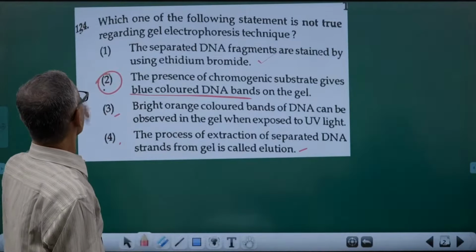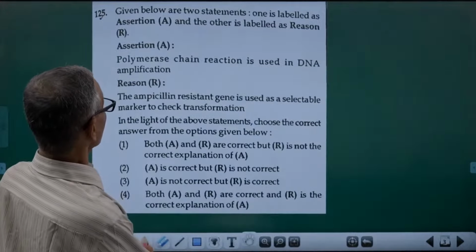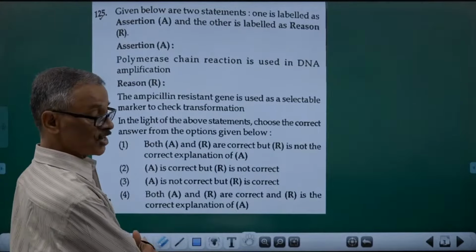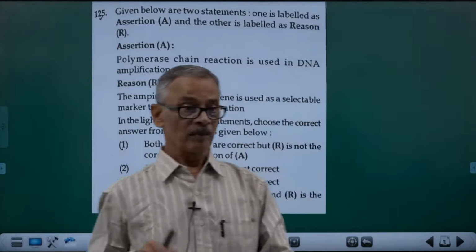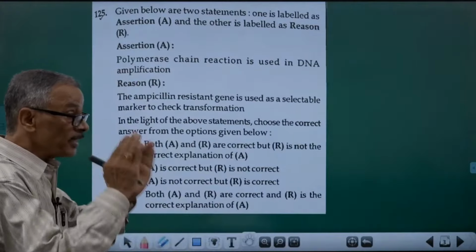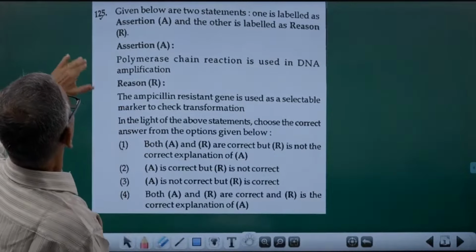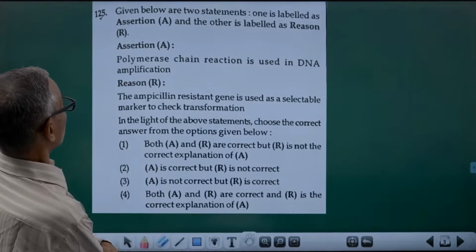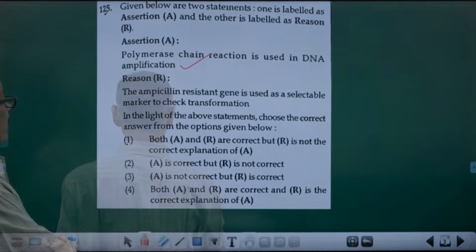Okay. Next, given below are two statements. One is labeled as assertion. See, this type of question is very, very important because you have to think correctly and correlate these statements. Polymerase chain reaction is used in DNA amplification.